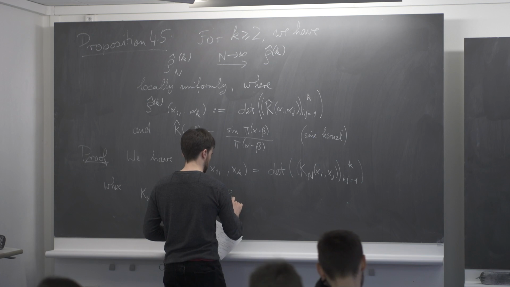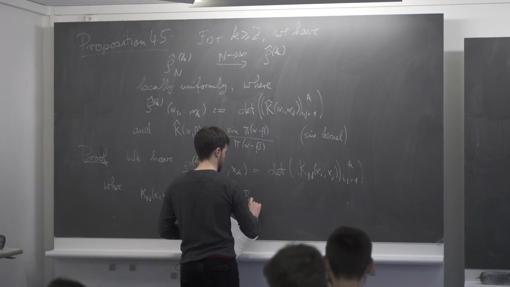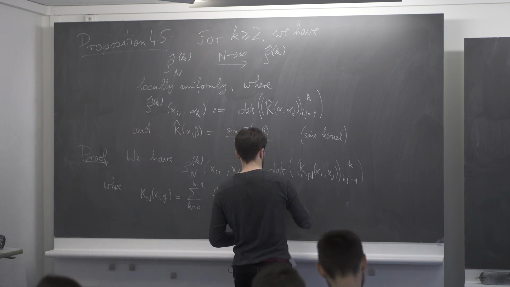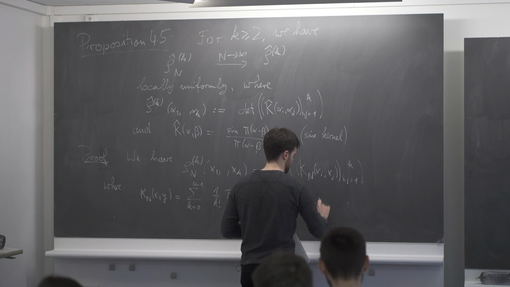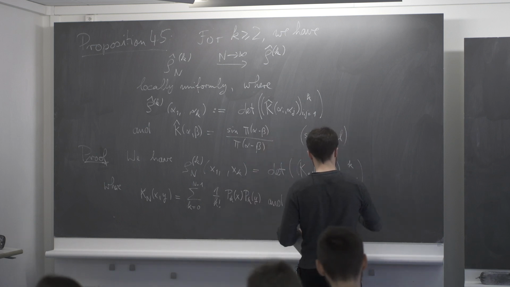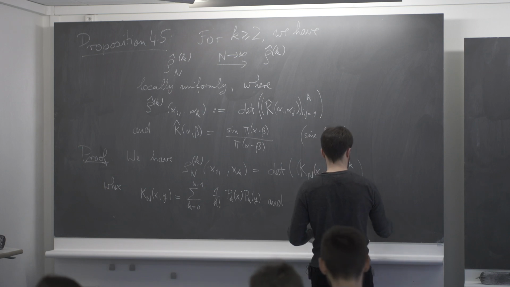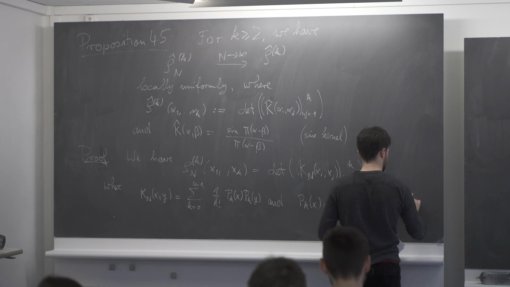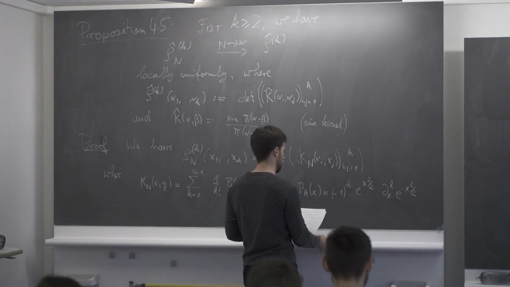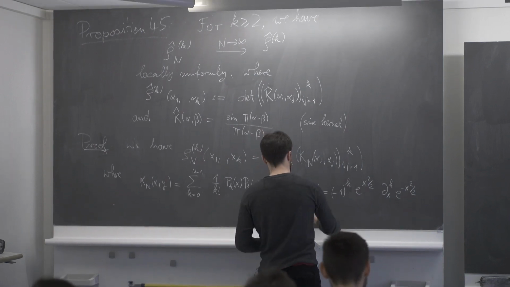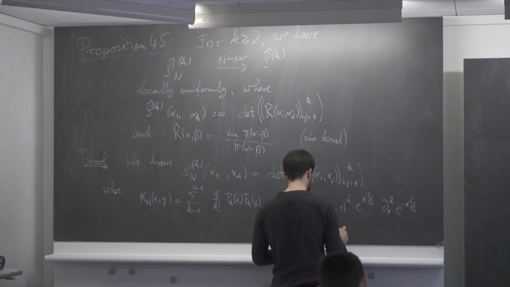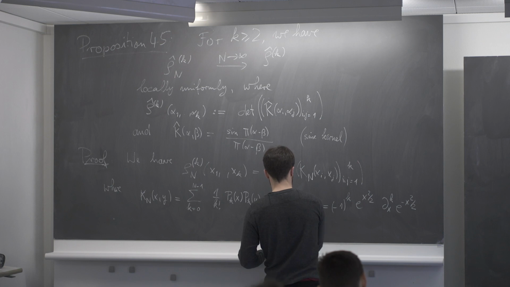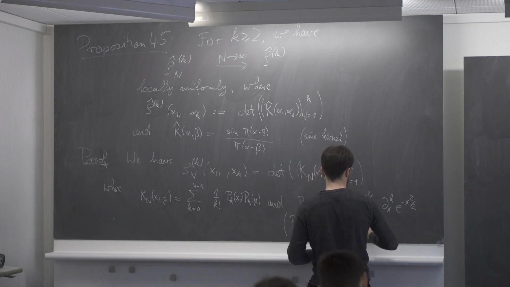And then we had these orthogonal polynomials, p_k(x), p_k(y), and the p_k is the k-th Hermite polynomial, which looks as follows: e^{x^2/2} d^k/dx^k of e^{-x^2/2}. So the p_k is the k-th Hermite polynomial.